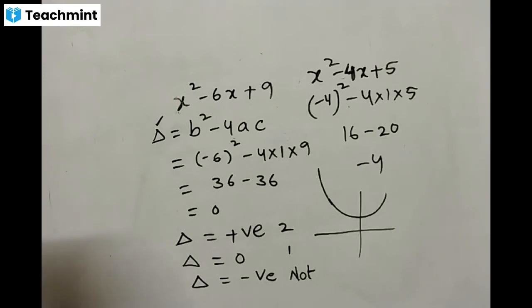Now we completed 3.2, right? Now 3.3. Find the zeros of the following quadratic polynomial and verify the relationship between zeros and the coefficients. 3.3, open everyone. Yes, sir. Opened.